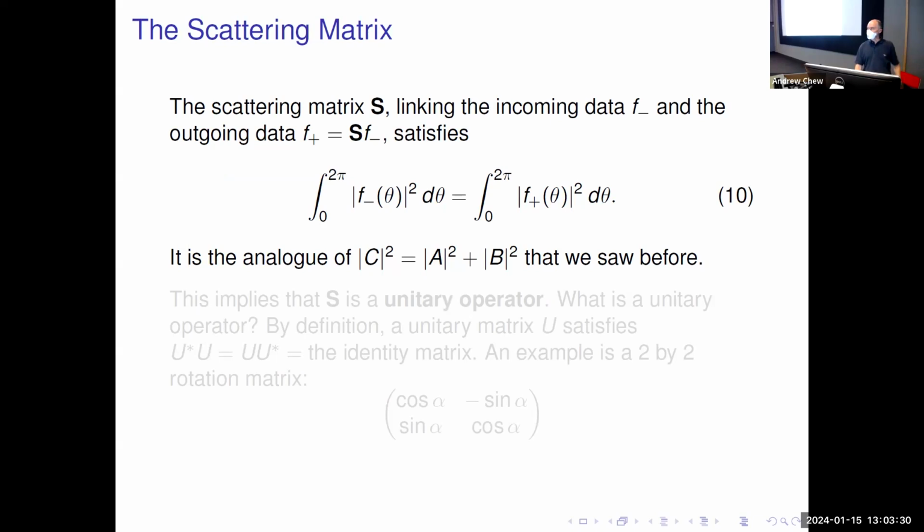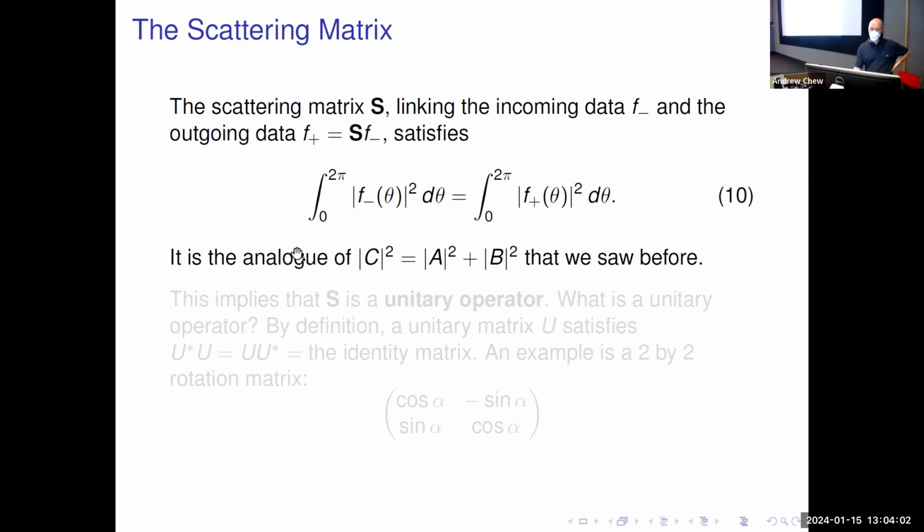Yeah, so the scattering matrix is, from a certain point of view, the main topic of study when you look at scattering theory. And it links the incoming data F minus with the outgoing data F plus. And we can ask, what sort of properties does it have? Well, one property it has is the following. It preserves the squared 2 norm of F minus and F plus.